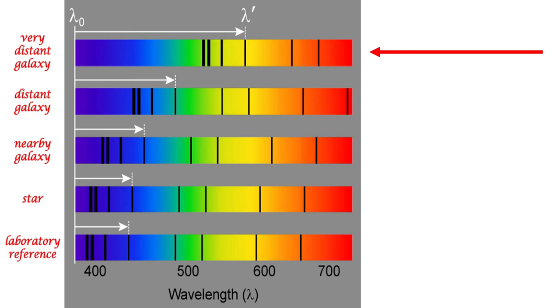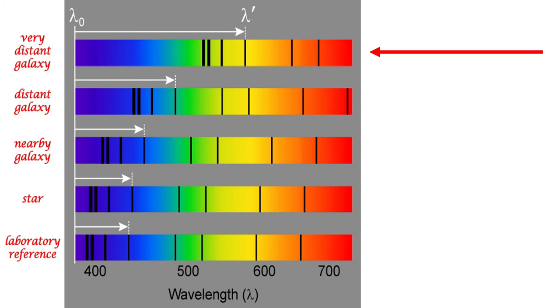They're not looking at all the lines, because if you notice the top one, some of the lines have then dropped off of the other end of the red side of the spectrum. So calculating redshift is about understanding these spectrographs. If the lines are shifted towards the red end of the spectrum, there is greater redshift.